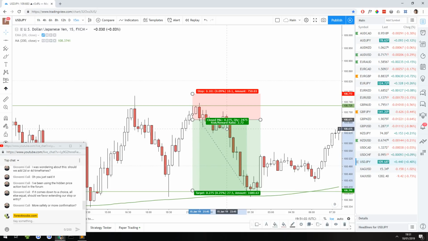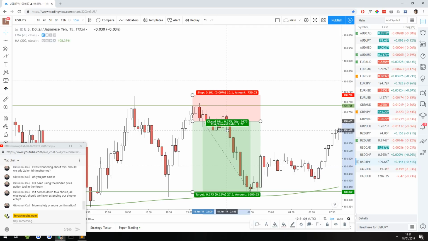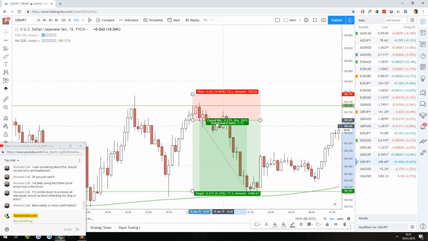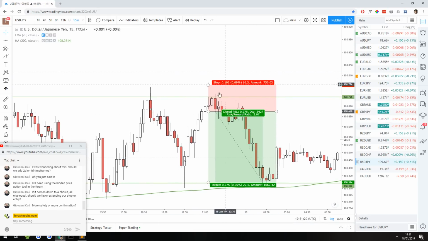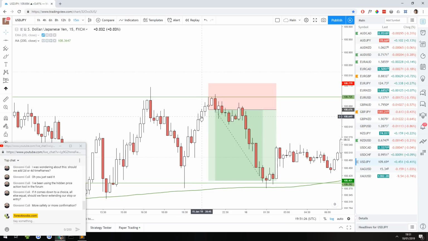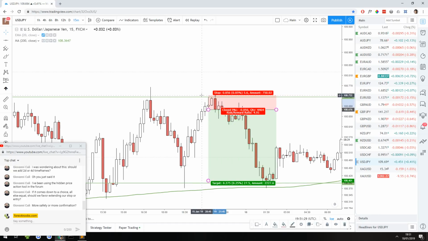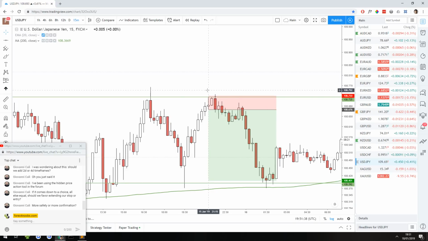Can we extend that entry down? Yeah, maybe a little. We can pull that entry down a little bit, while still having a stop loss above that high and maintaining a risk to reward ratio of 2.5. Now, this is a whole lot safer if we do it like this than setting your entry here and your stop loss here and going for the minimum, especially on the 15-minute chart, where, as I said, some random crappy news release that is not even worth thinking about can spike price 3 pips and take you out of a trade.